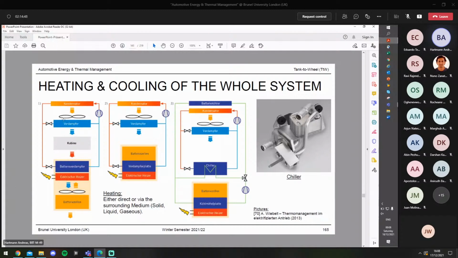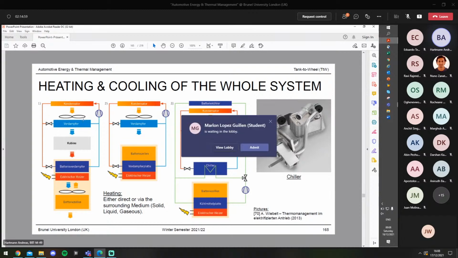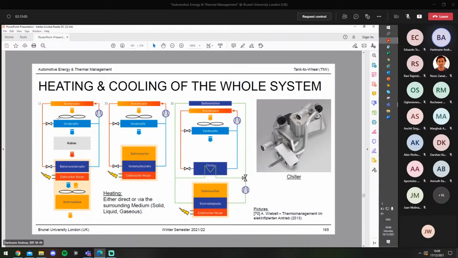And as the allowed temperature might be below the ambient temperature, you need to apply an AC system in order to cool the battery. And therefore, there are different approaches in use, as shown here.